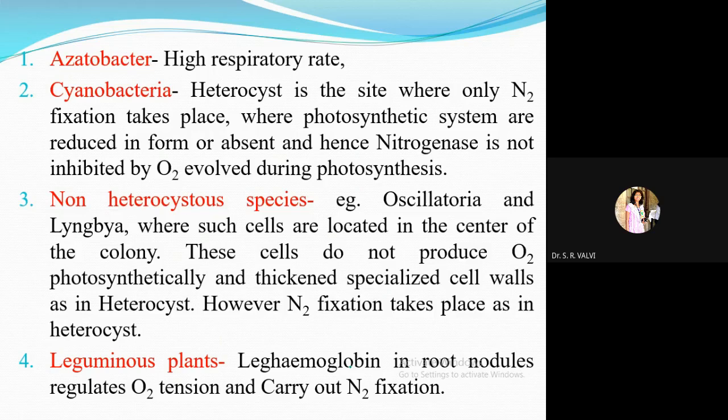I have mentioned earlier that in a heterocyst, only photosystem 1 is present. Photosystem 2 is absent in the heterocyst, right? So photosystem 1 is present, and hence nitrogenase is not inhibited by the O2 evolved during photosynthesis.